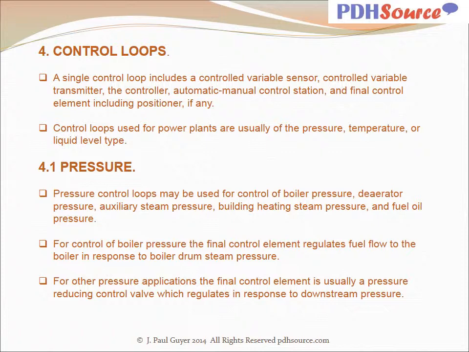For control of boiler pressure, the final control element regulates fuel flow to the boiler in response to boiler drum steam pressure. For other pressure applications, the final control element is usually a pressure-reducing control valve which regulates in response to downstream pressure.